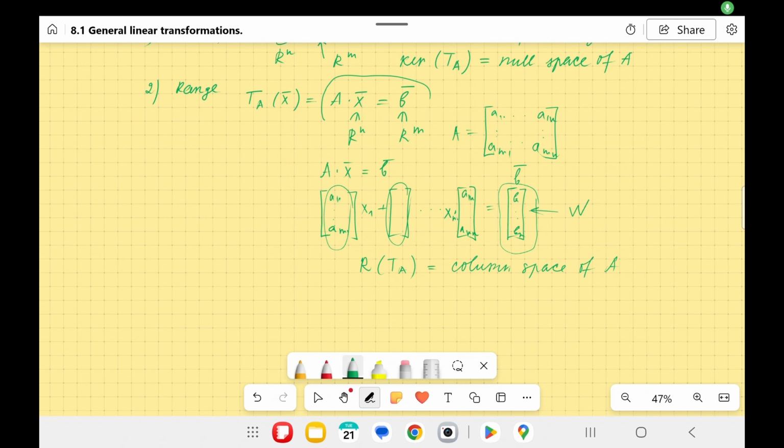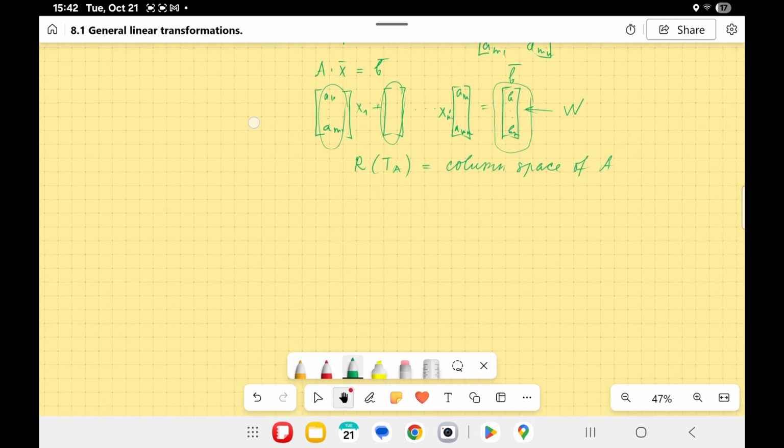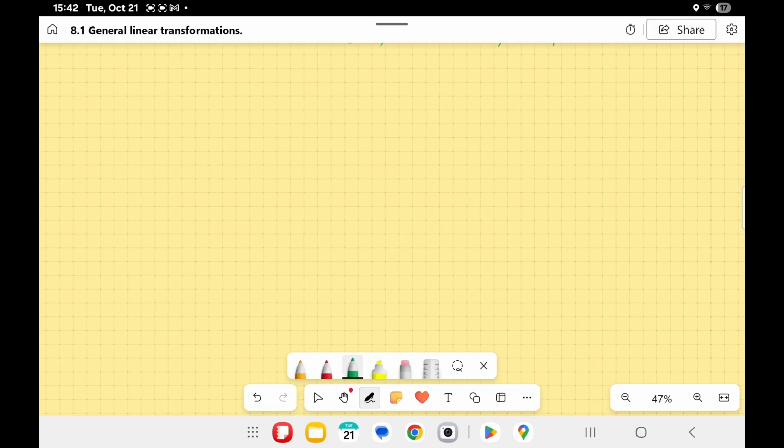Okay, more examples of range and kernel. So, sorry, example 2, zero transformation. Well, zero transformation is taking all vectors from vector space V and transforming them into zero.